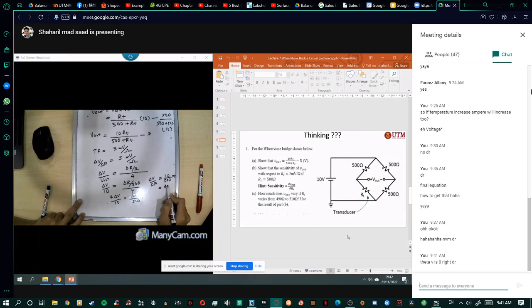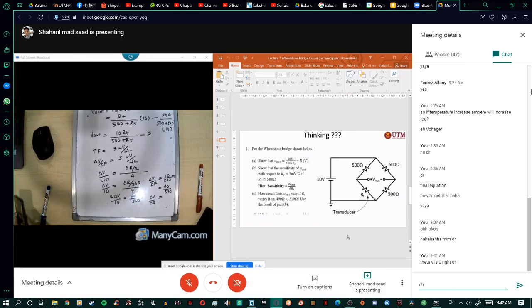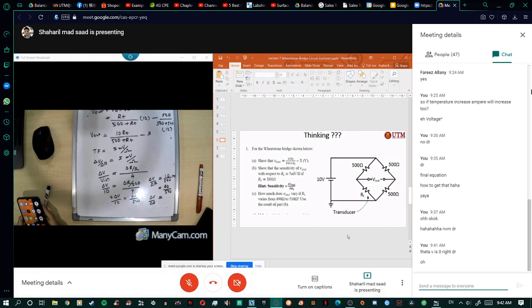Okay, so you got 40 divided by 500. So delta V over delta R equal to, I got it, 40 divided by 500.